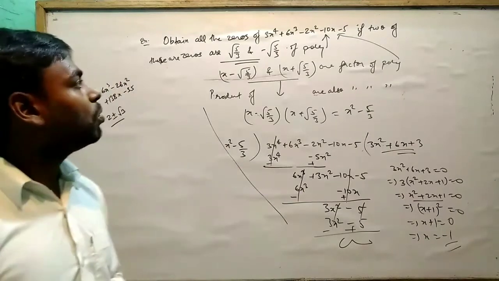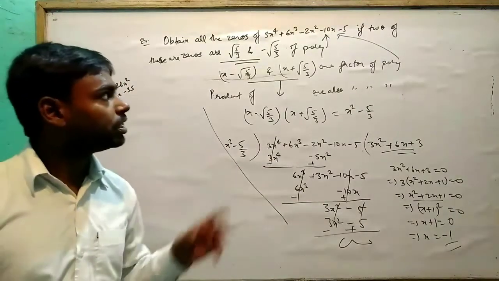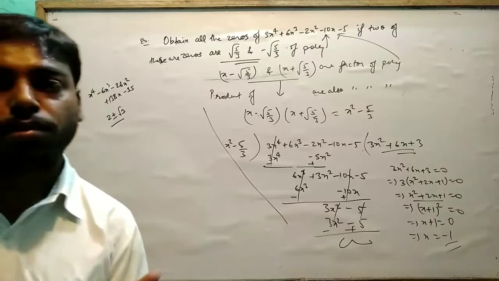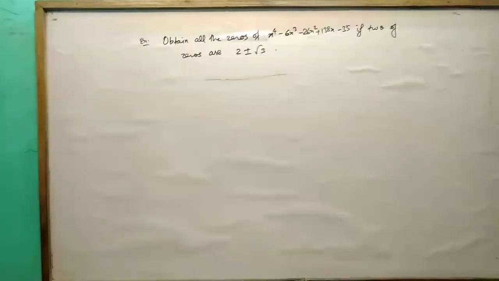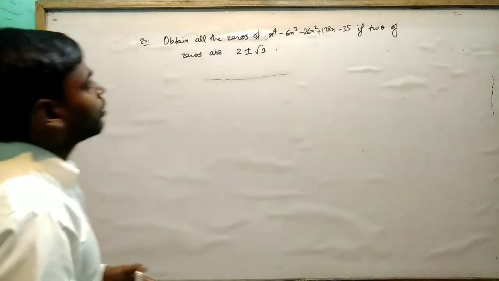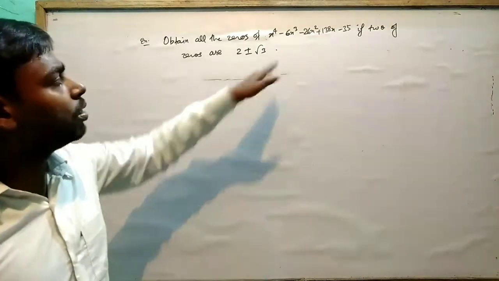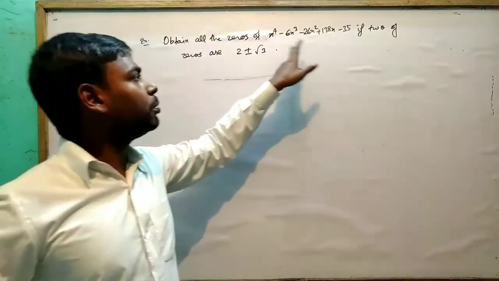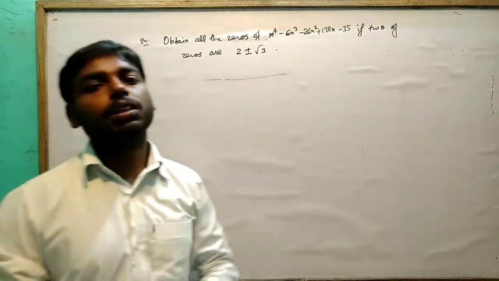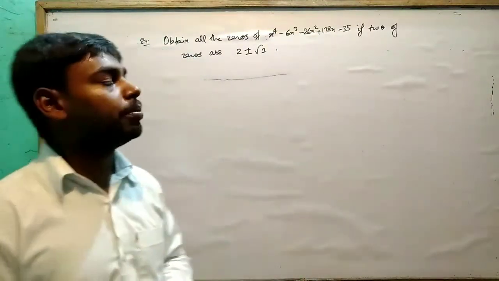Okay, now we see the next example. Our next example is: obtain all zeros of the polynomial if two zeros are given. Similarly, we can solve it like the previous example.